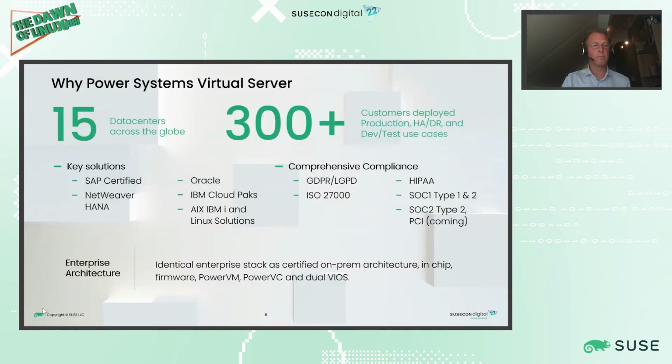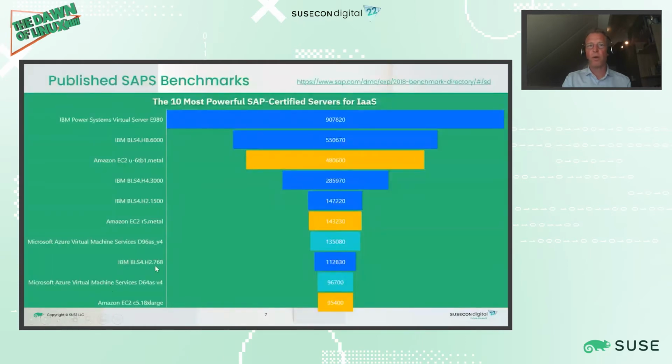And if we then do benchmark testing, we really saw that Power Systems Virtual Server on E980, where we run it on, are on top of the most powerful SAP-certified servers via an IaaS solution. So we really are very proud of this benchmark that we are ranked first.